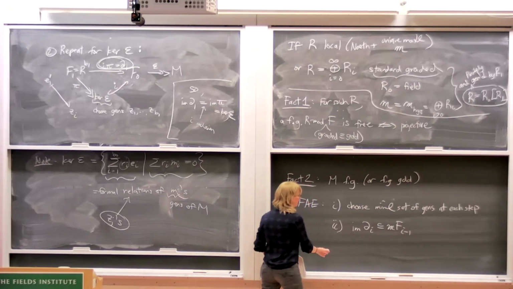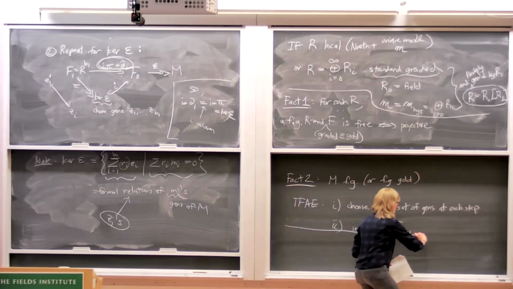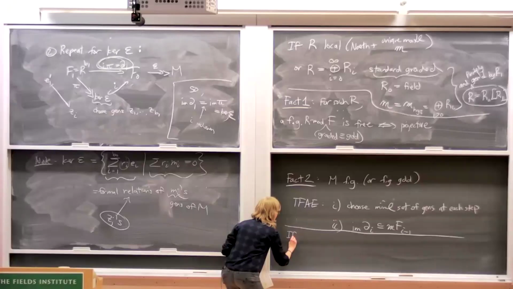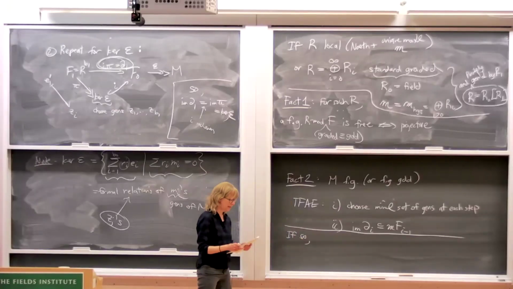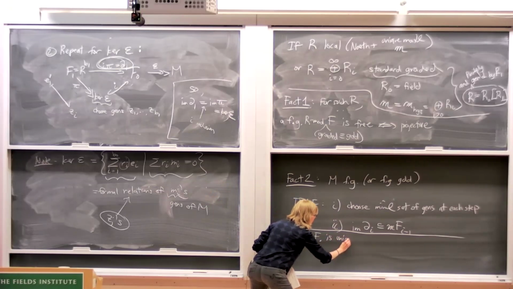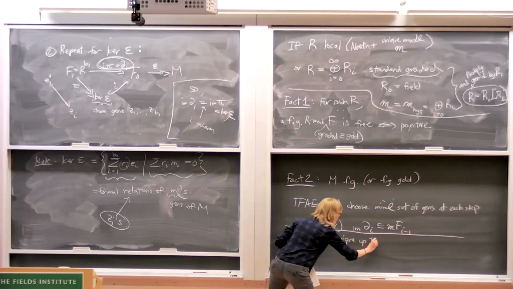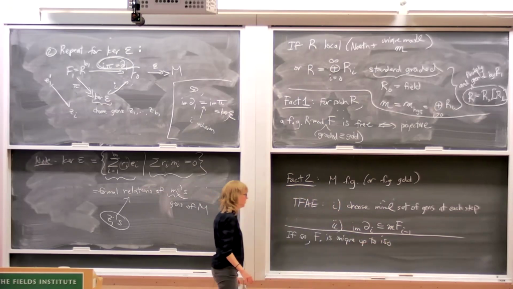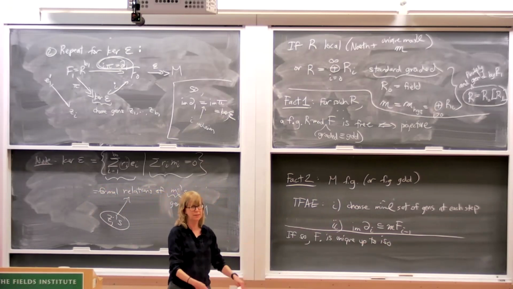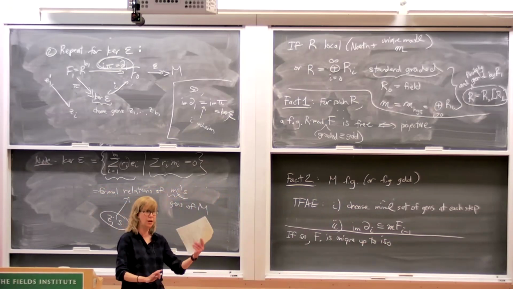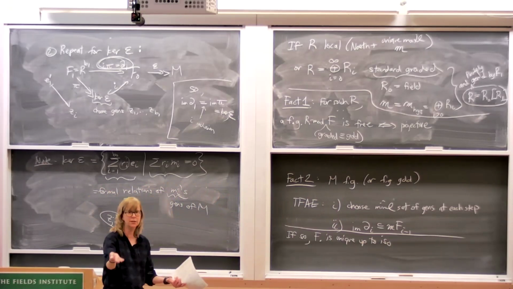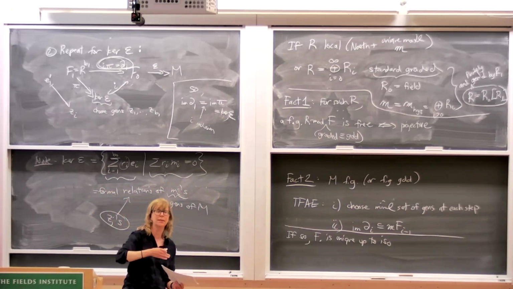And then if these hold, if this is a minimal resolution, then, this is in some of the exercises, F is unique up to isomorphism. Meaning if two people do it and choose different generators along the way, but choose minimal sets of generators, which are not unique but have the same number of generators at each stage, then the two resolutions that you build have a map between them that's an isomorphism.